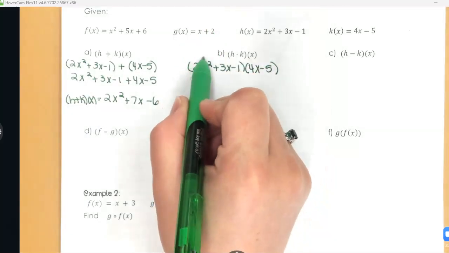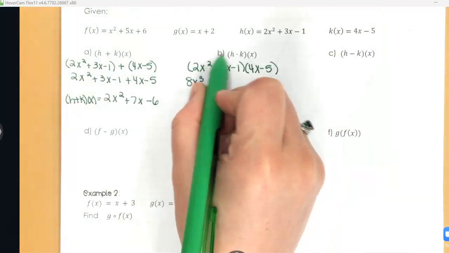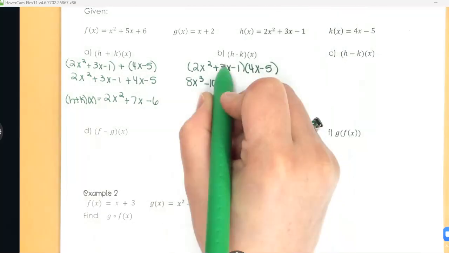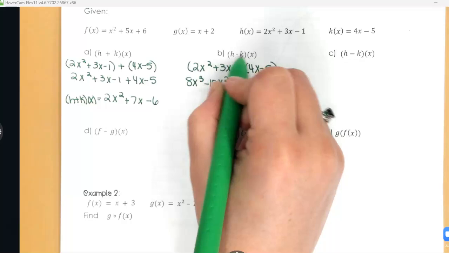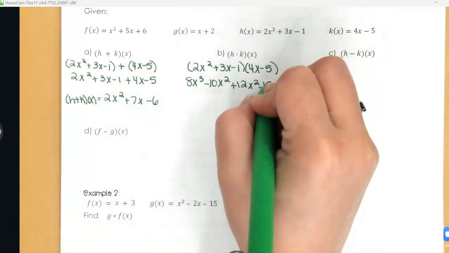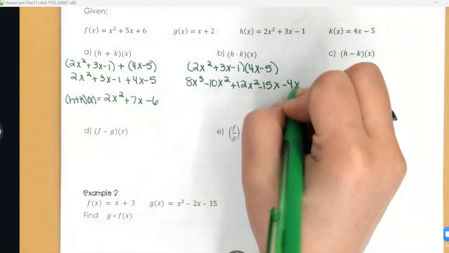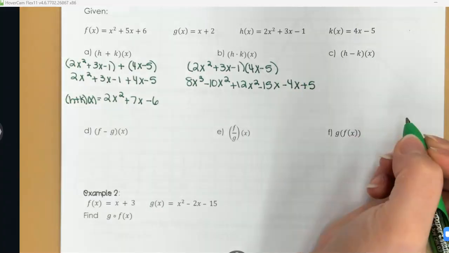So if I do 2x squared times 4x, that gives me 8x cubed. 2x squared times negative 5 is negative 10x squared. 3x times 4x is 12x squared. 3x times negative 5 is negative 15x. Negative 1 times 4x is minus 4x. And negative 1 times negative 5 is positive 5.